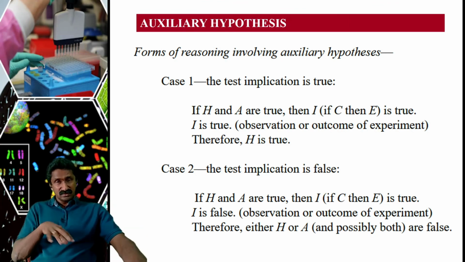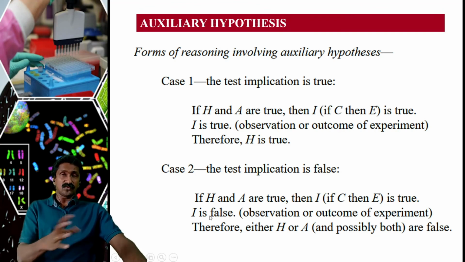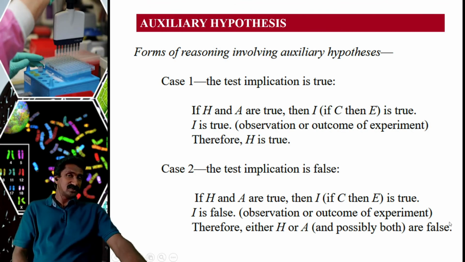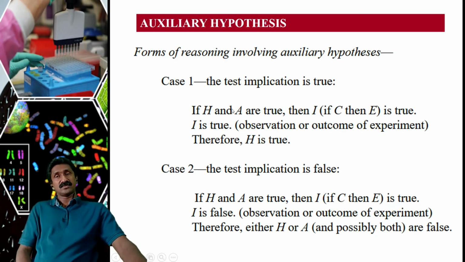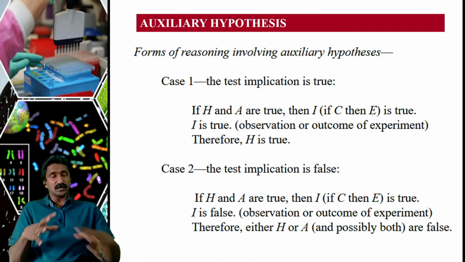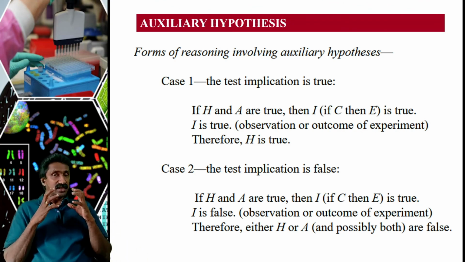Or you can say that H and A are true, and yet the result is false, or you don't find a direct correlation with that result. Therefore in the case of false, either H or A or possibly both are false, because one possibility is that H is not an infectious agent, or A is not protecting, or A is not killing the infectious agent, or the chlorinated lime treatment is not killing the infectious agent.